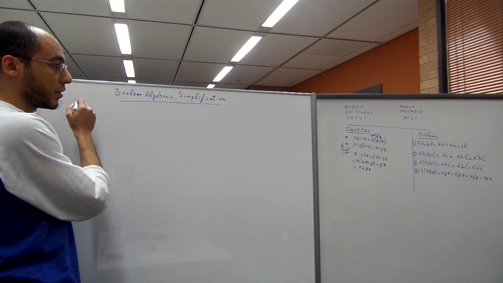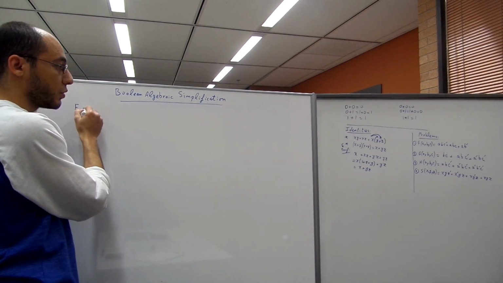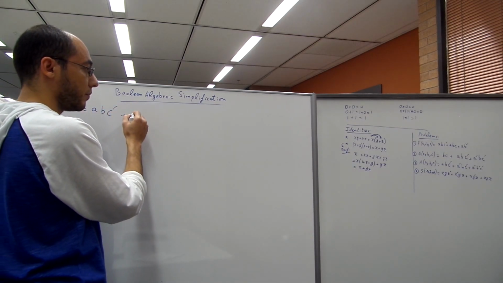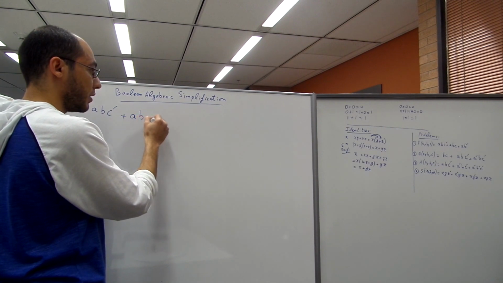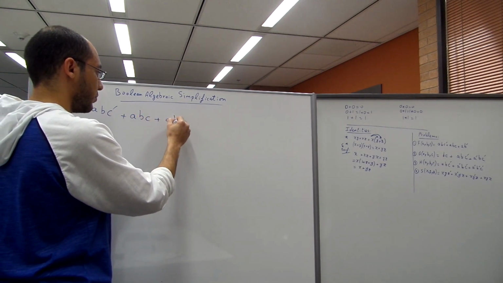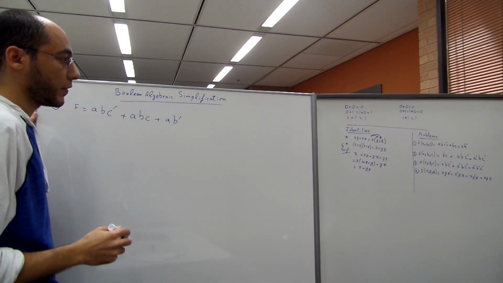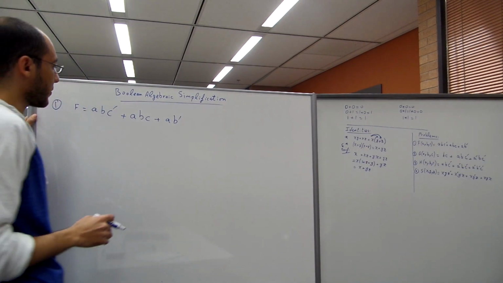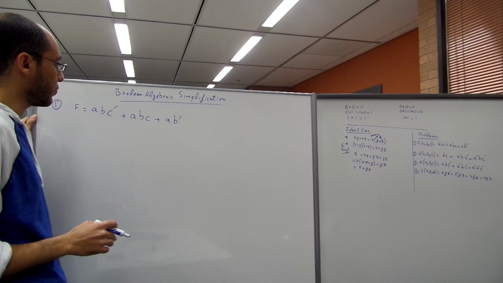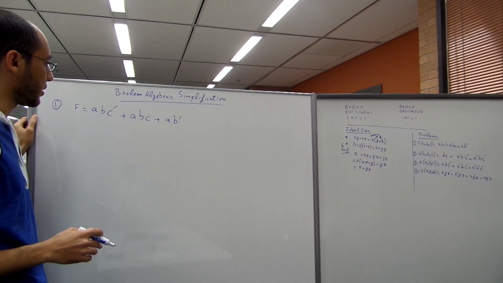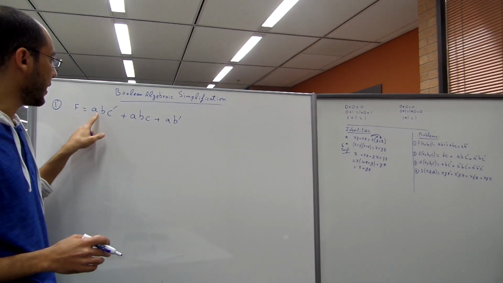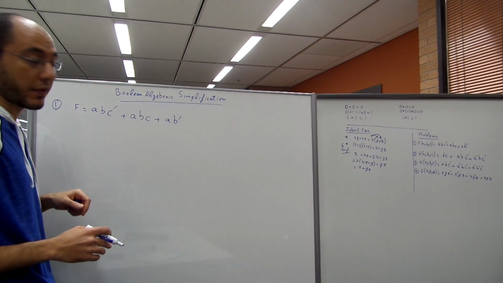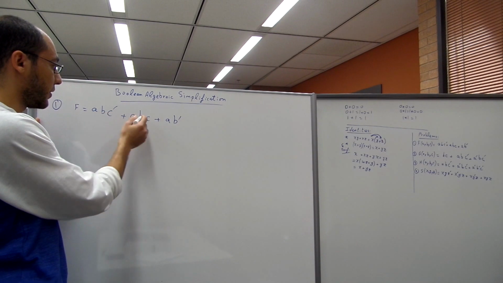We want to simplify f, which is equal to a b c bar plus a b c plus a b bar. We want to simplify this equation. If you look at it, you find that there is ab and ab, which is a common factor between these two terms.